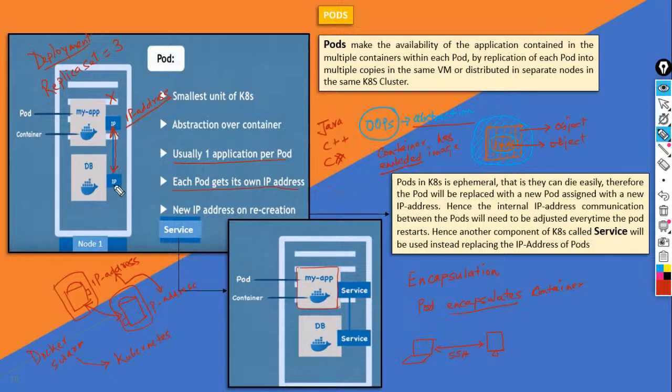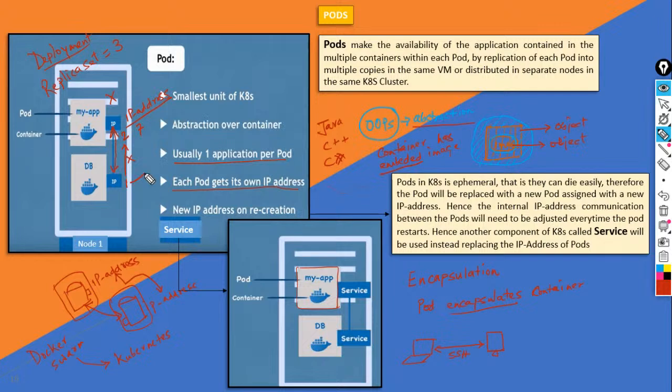Each time, see, pod 1 was communicating with pod 2. Now, after pod 2 has died, pod 1 will need to communicate with, let's say, pod 7. So you have to adjust. The old one will not work because it has died.